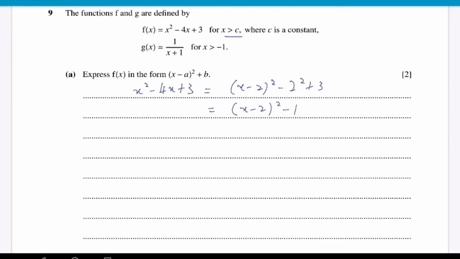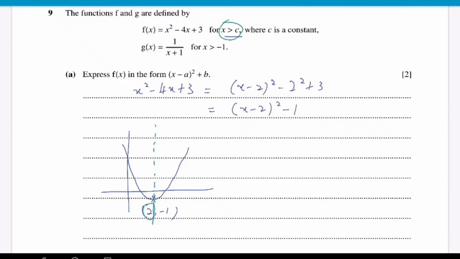The situation is like this: if this is our fx, it has the minimum point of 2, -1. We want this function to be one-to-one, so it must be cut into half there. We are taking the right half, not the left part, the right-hand side part, because the range here is x greater than or equal to c.